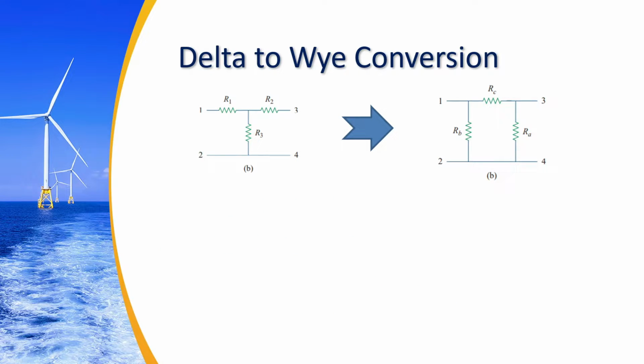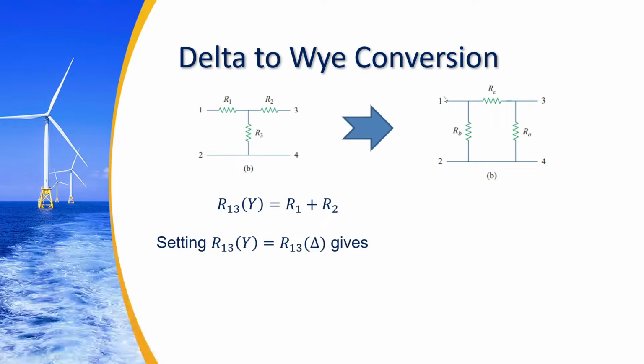So next, okay na tayo dito kay R12. So, sunod nating kuhanan is yung R13. Okay? So, mula dito hanggang dito daw. And that R13 ng Y network or T network ay equivalent sa series resistance ng R1 plus R2. So, same ulit yung ginamit kanina. So, setting R13 Y network is equal to R13 ng delta.